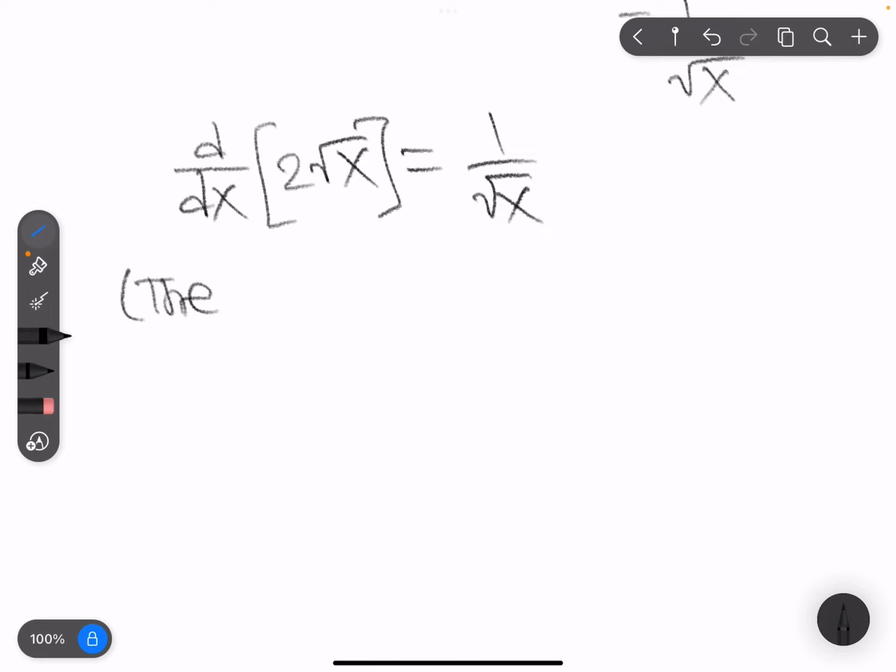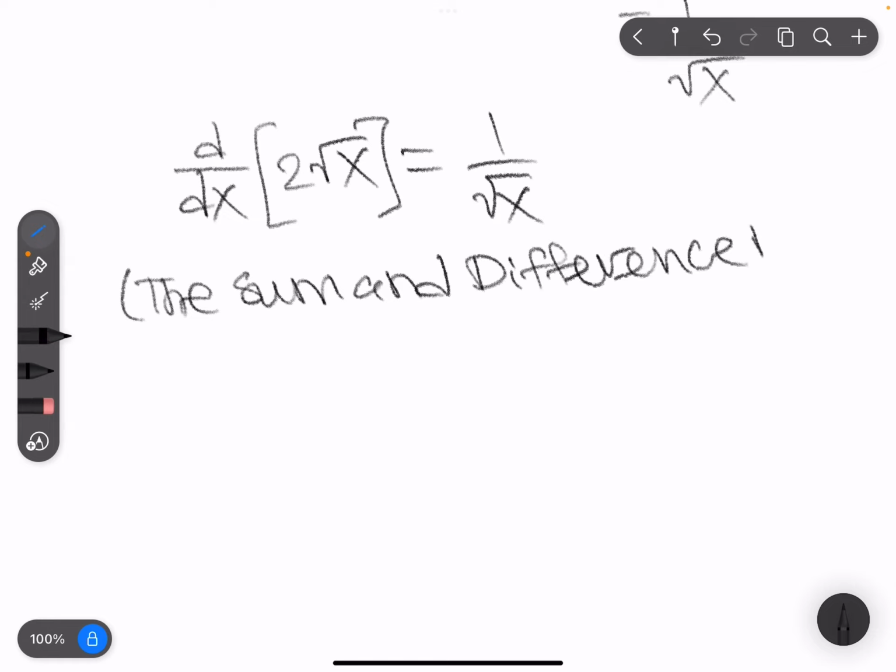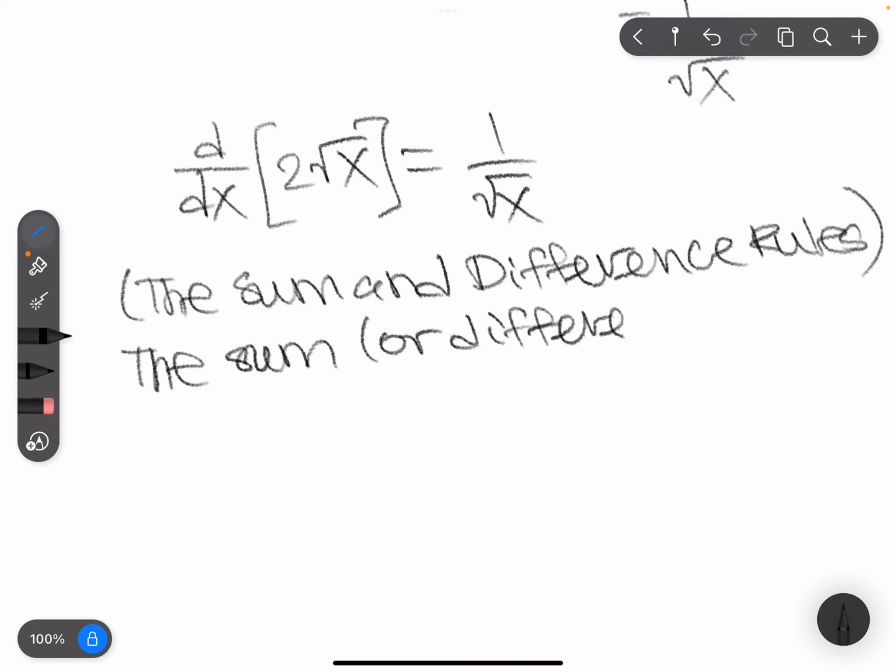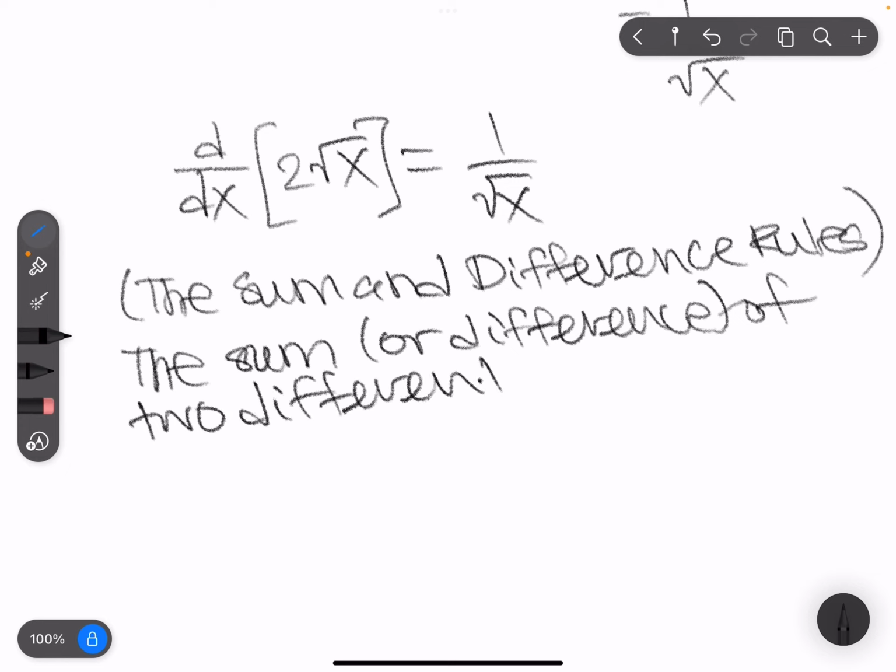Let's talk about the sum and difference rules next. The sum or difference of 2 differentiable functions is differentiable.